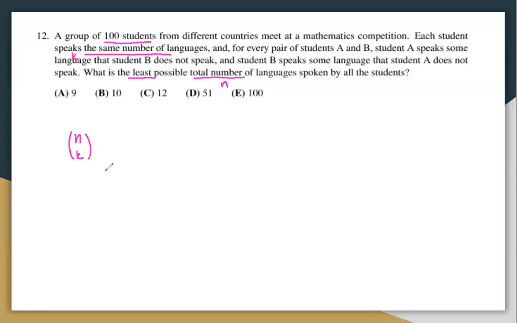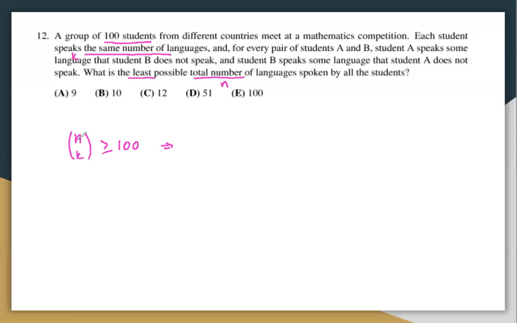If k is 2, n choose 2 needs to be at least 100, and if k is 3, n choose 3 should be at least 100. We just need to know the smallest n possible.